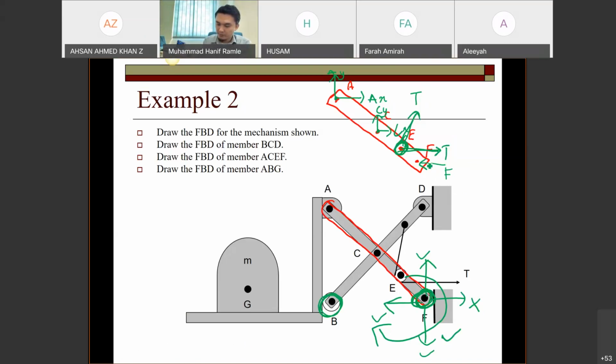So we have one reaction at F with a single direction. All right, easy, right?